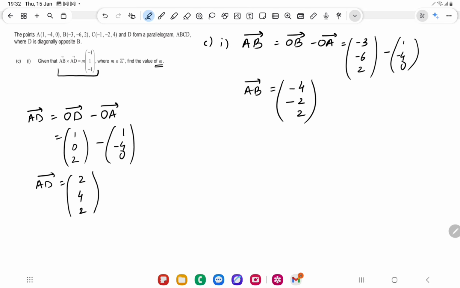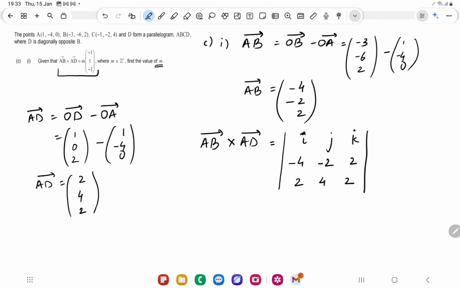Now I have to do the cross product AB cross AD. So I will be using this. It gives me minus 4, minus 2, 2, that is my AB vector value, and this is 2, 4, 2.